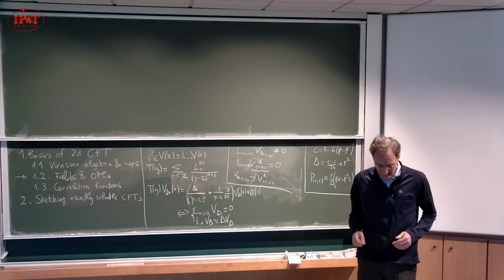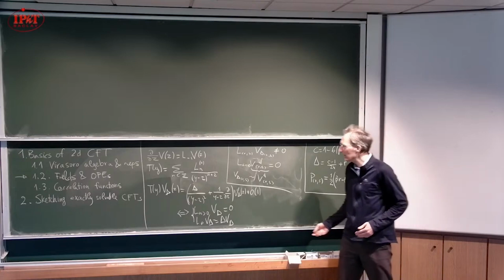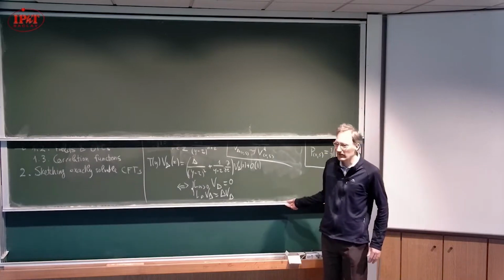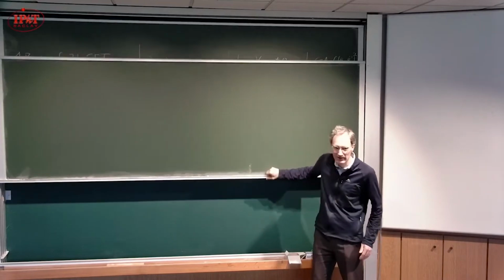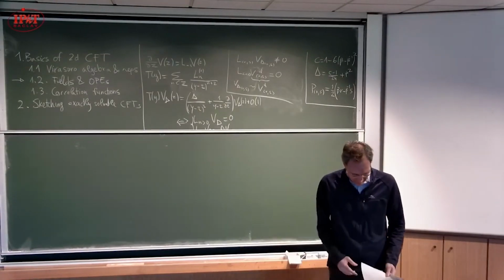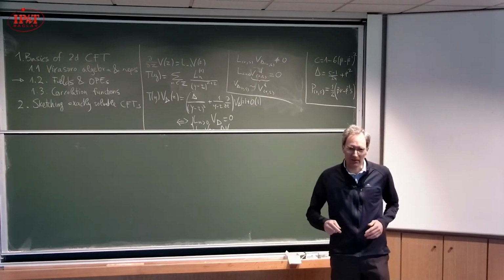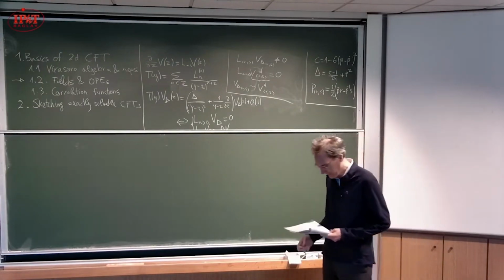And so we have started working out the consequences of conformal symmetry for operator product expansions. We have already found how the coefficients depend on the positions, but we'll go further and try to show that the contributions of descendants are completely fixed by the contributions of primaries.